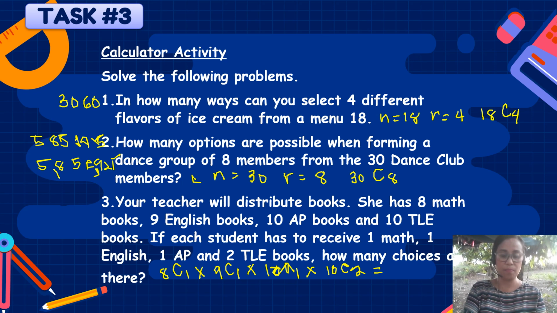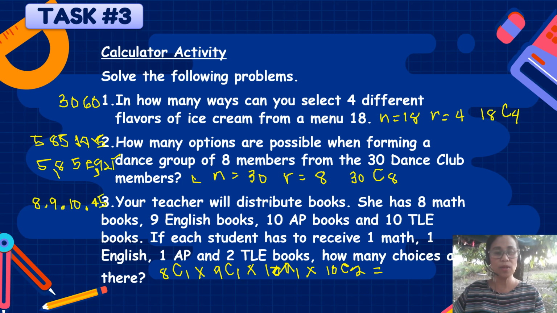So let's multiply all together. 8C1 is 8, 9C1 is 9, 10C1 is 10, and then 10C2 is equal to 45.